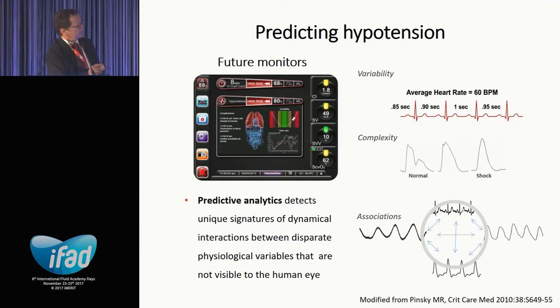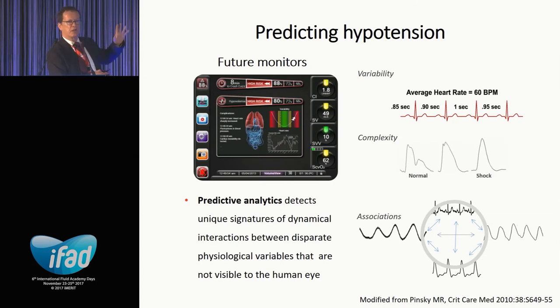And in the monitor you can calculate or predict hypotension using signals of the dynamic interactions between these physiologic variables I just showed you, which you cannot see with the human eye. But just looking at the monitor, you will not see it.